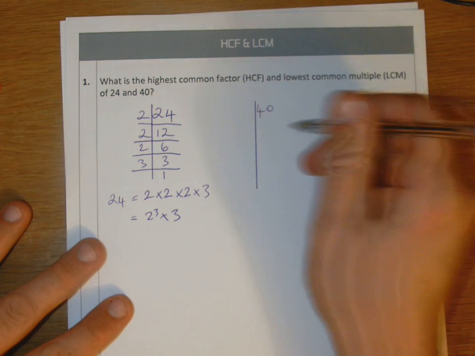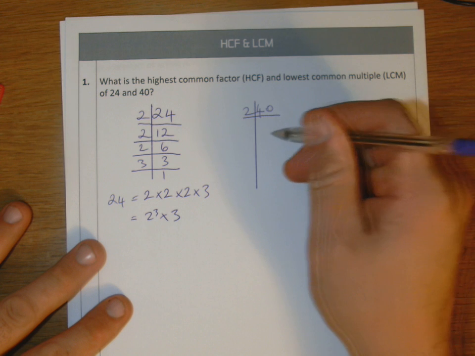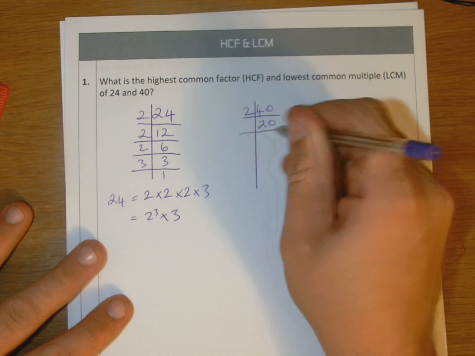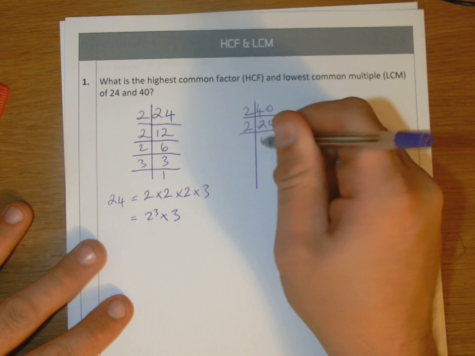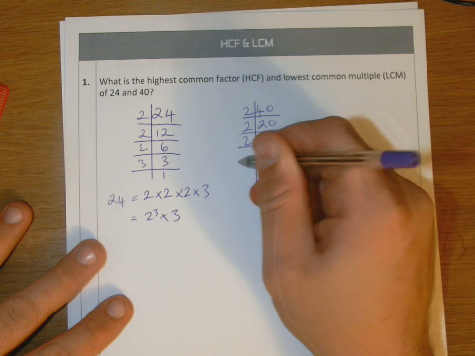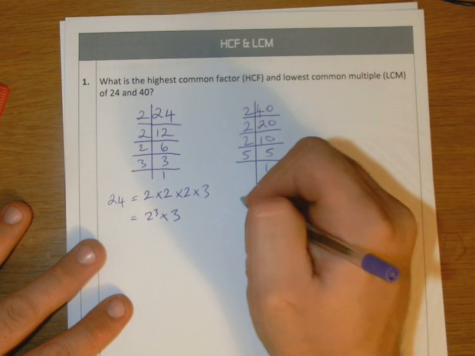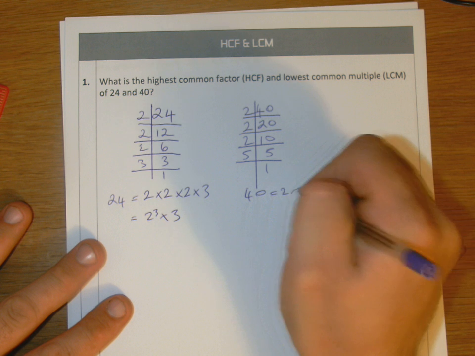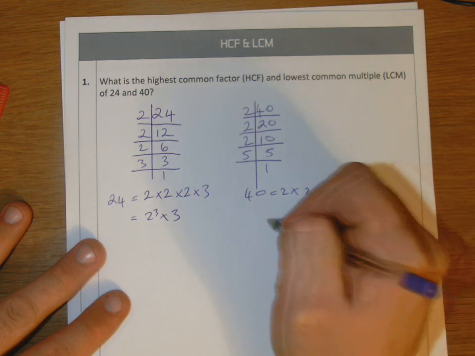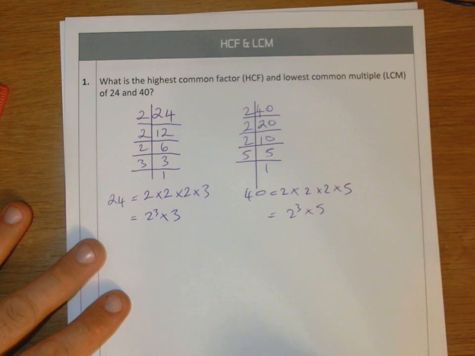Again we'll start with 2. 2 goes into 40 twenty times. 2 again goes into 20 10 times. 2 goes into 10 5 times. And of course 5 goes into 5 once. So 40 is 2 times 2 times 2 times 5, and that will equal 2 cubed times 5.